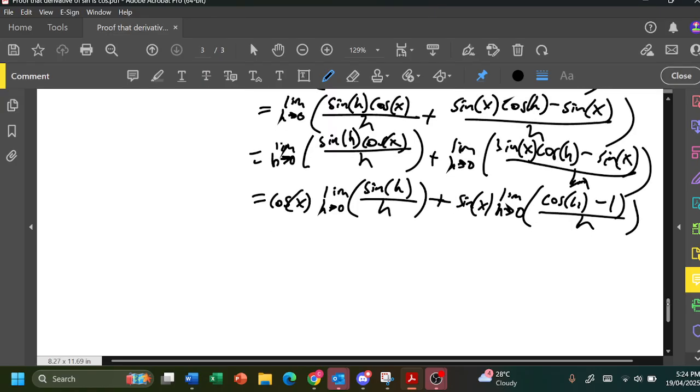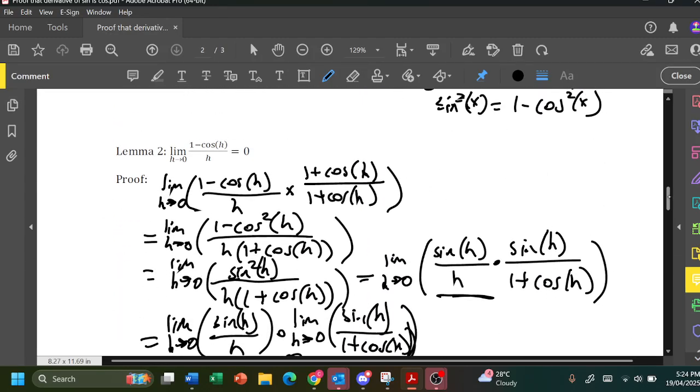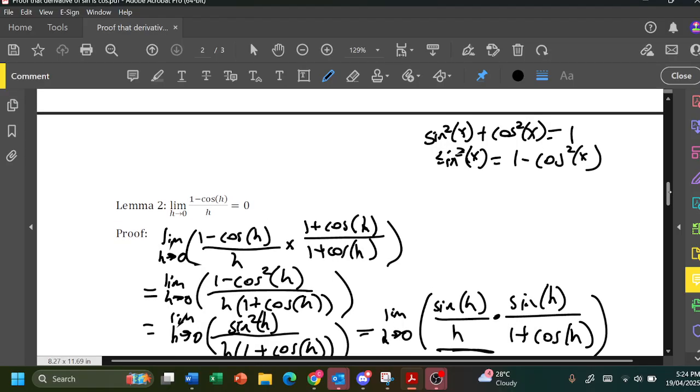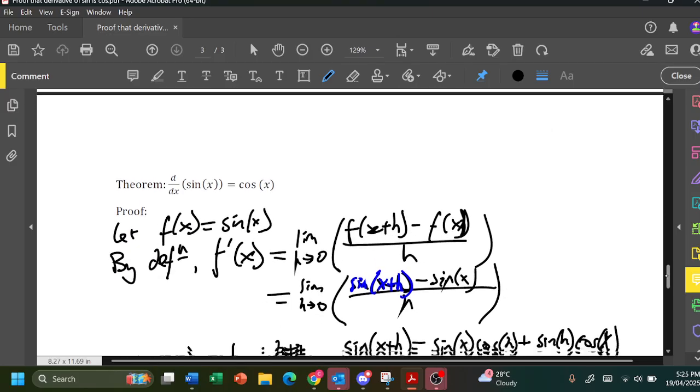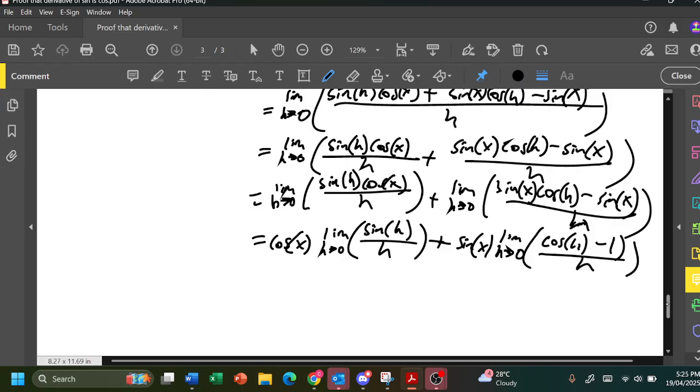And finally, we can look at the second fraction there. It looks almost exactly the same as our second corollary, our second lemma, which was 1 minus cosine h over h. So we can make things look a little bit better if we make that a negative.